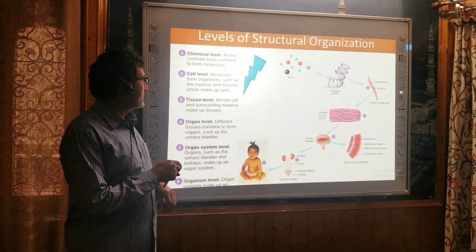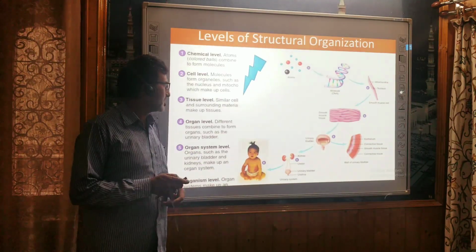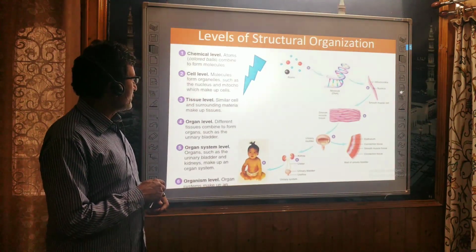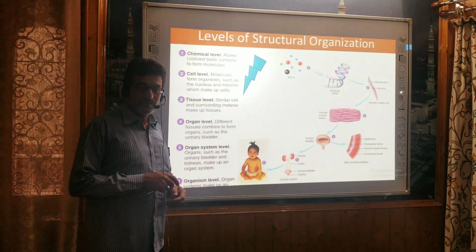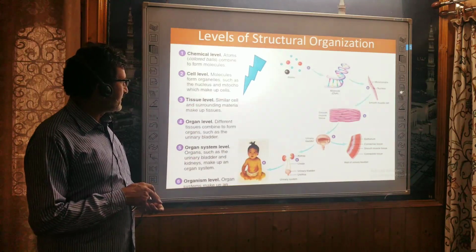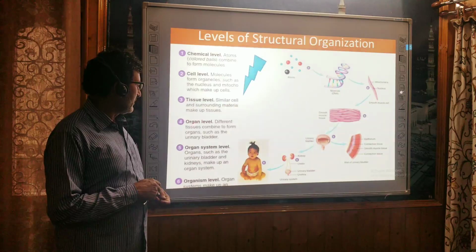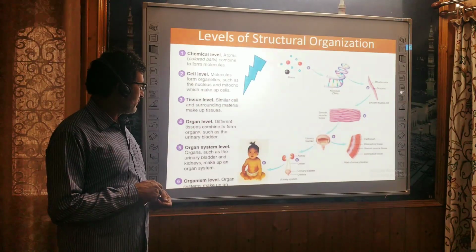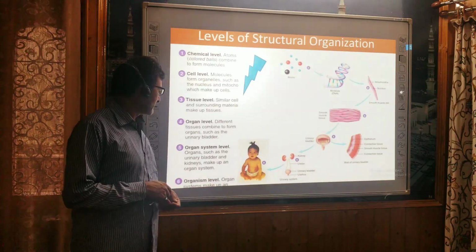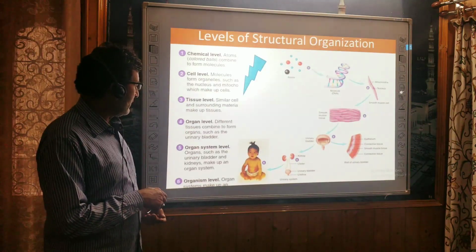When all these cells combine, for example stomach cell, liver cell, kidney cell, heart cell, nerve cell, they form tissue. Tissue means a group of cells performing their own specific function. Tissue level: similar cells and surrounding material make up tissues. Tissues combine to form organs. Different tissues combine to form organs such as the urinary bladder, kidney, heart, lungs, etc. Organ system: when organs combine, we say organ system.